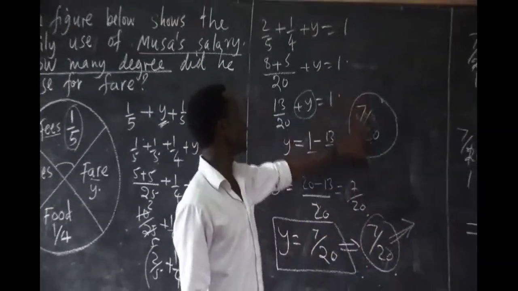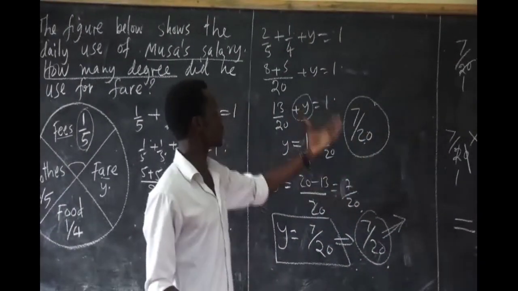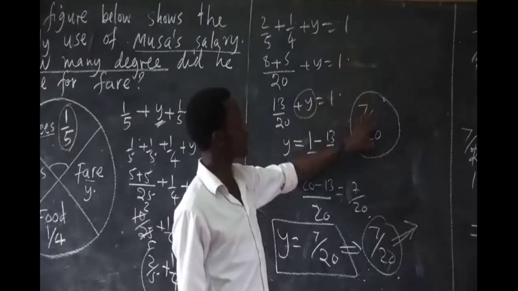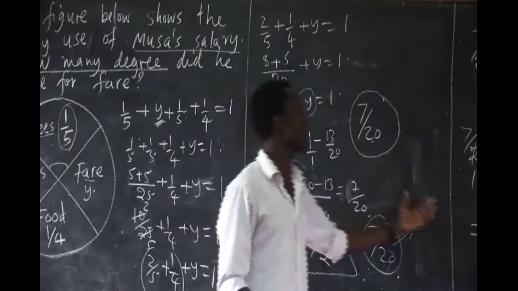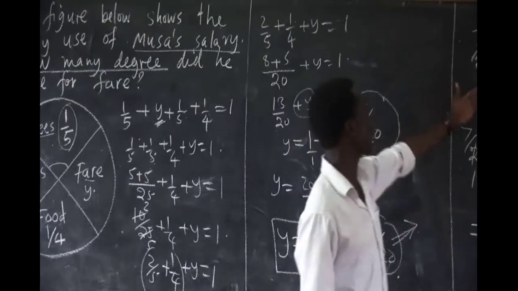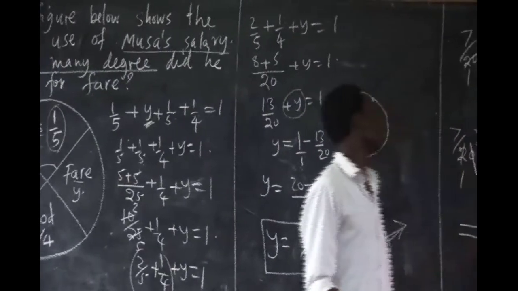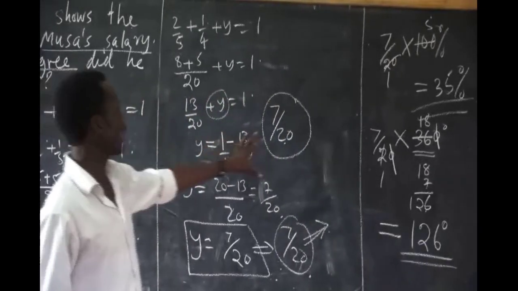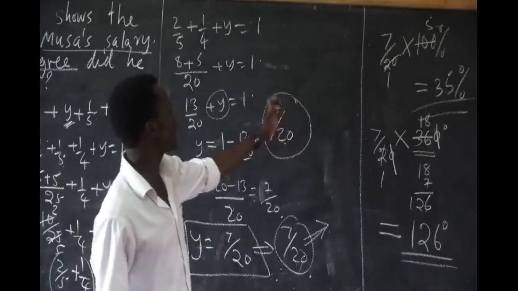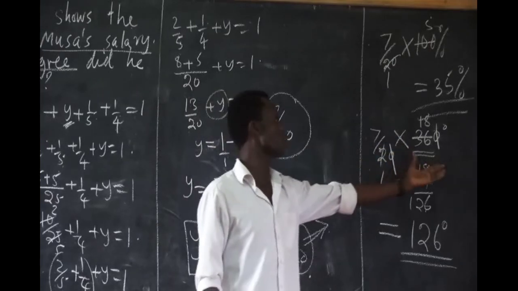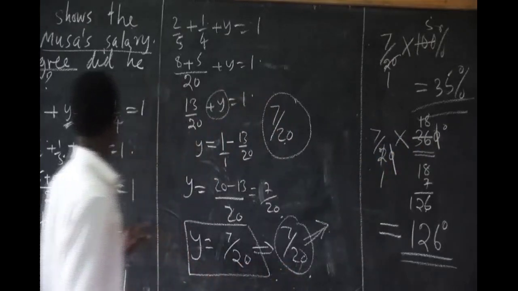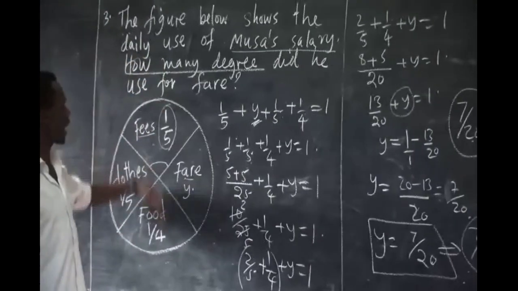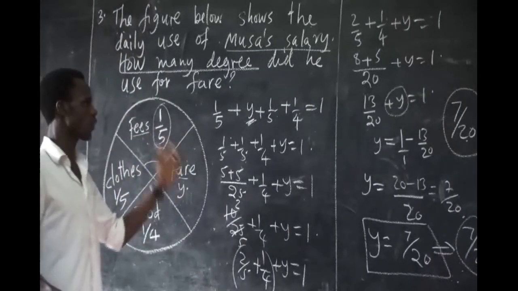If you want to convert it into percentage, we know that we multiply by 100. We can simplify and multiply by 100 to get 35%. But when we want to convert into degree, as the question says, we take this one and multiply it by 360. Why do we multiply by 360? Because we're talking about the pie chart and it's given in terms of the circle, and the total degree of the circle is equal to 360.